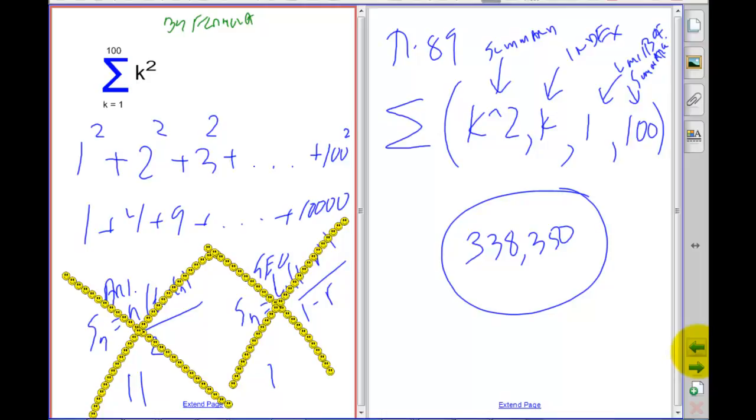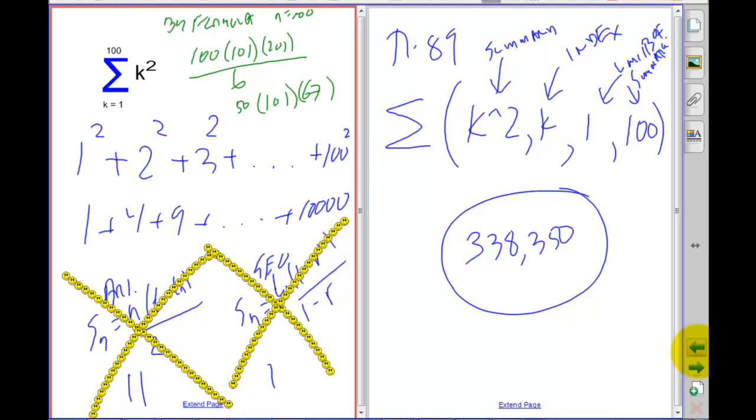N equals 100. So we get 100 times 101 times 201 all over 6. The 3 will go into the 201 nicely, right? Yes. 2 will go into the 100. That's 50 times 100 times 3 into 201. You need 67. So that's all you got to do.